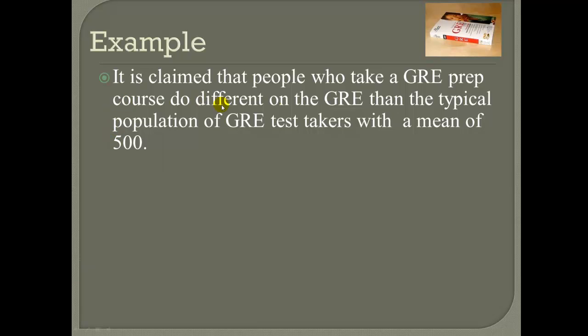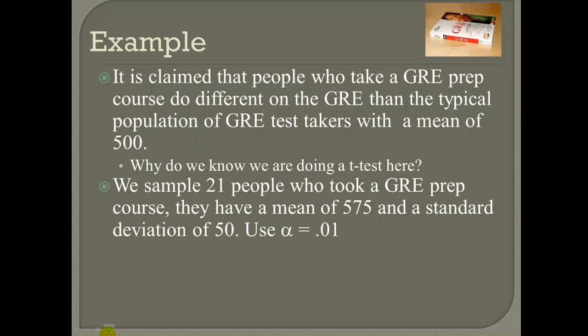Let's say we know that the national average on the GRE is 500. We have 21 people in a GRE prep course, and we want to see how they compare to this general population, and we find that they have a mean of 575 and a standard deviation of 50.